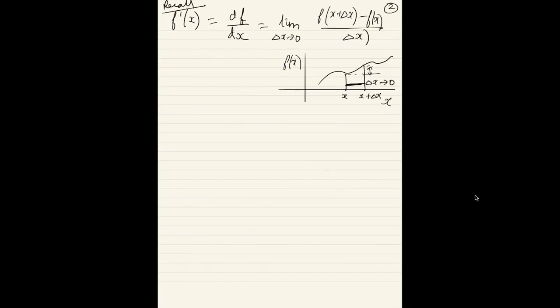As delta x tends to 0, this quantity in blue also becomes smaller, and then we get a ratio of these two quantities, like the derivative. So what does it mean? It means the change in the function with respect to small changes in x.